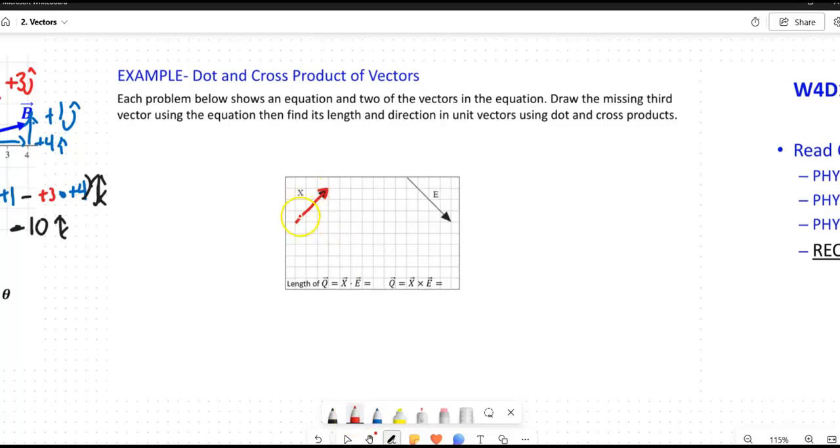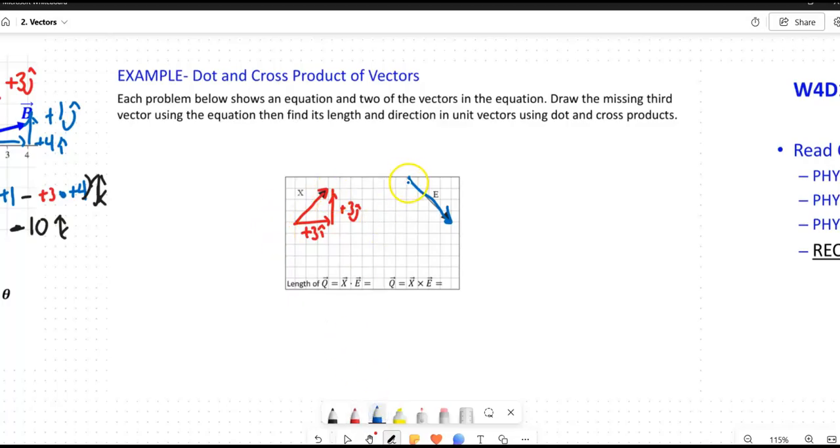So the X component here is pointing to the right by 3, so that's positive 3i, and that's up 3, so that's positive 3j. Now this E vector, which is pointing down and to the right, you know what, I'm going to stick to what I'm doing.